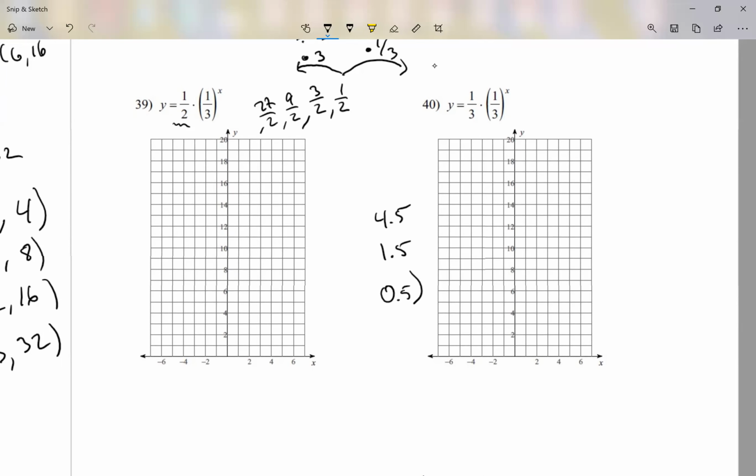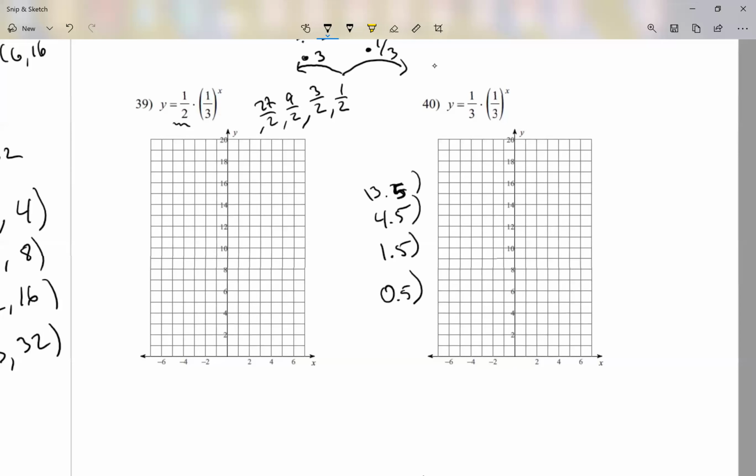Right, 9 divided by 2. 27/2 is like 13.5. I know they're kind of ugly, but hey, we can deal with those. This is why the list is very, very important.